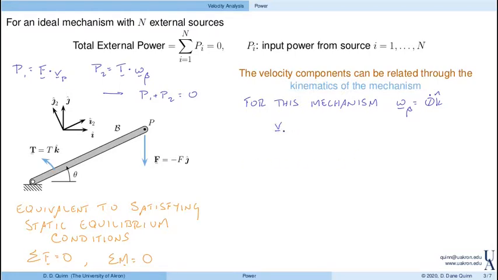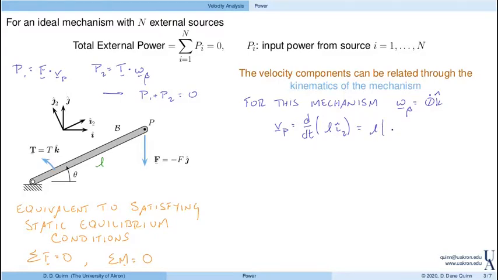And the velocity of P here, well, here comes our kinematics. It's the derivative of the position, right? So if L is the length of this bar, and it's in the I2 direction, then we have the derivative of L i2, which again we'll use our vector derivatives, we'll use our kinematics.